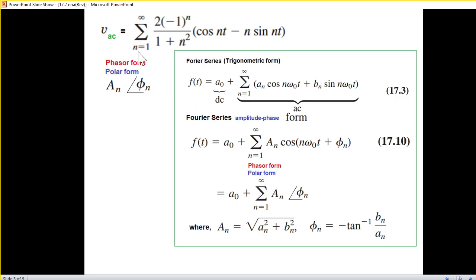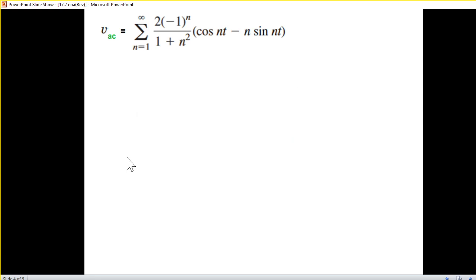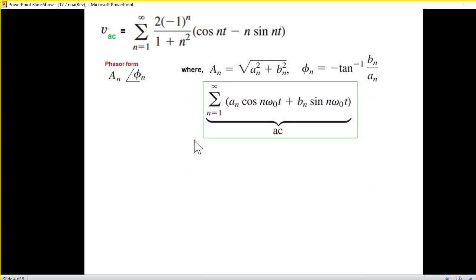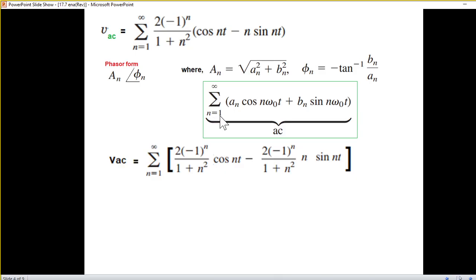Let's see, this is the signal. Okay, so to match with this, we have to just break it open or multiply by the outside value. So this is what we have, our signal. And now we can easily compare.